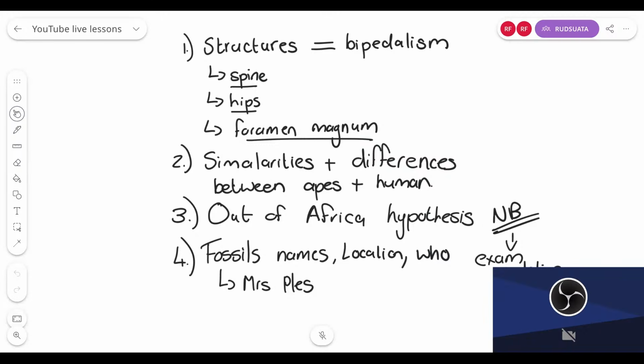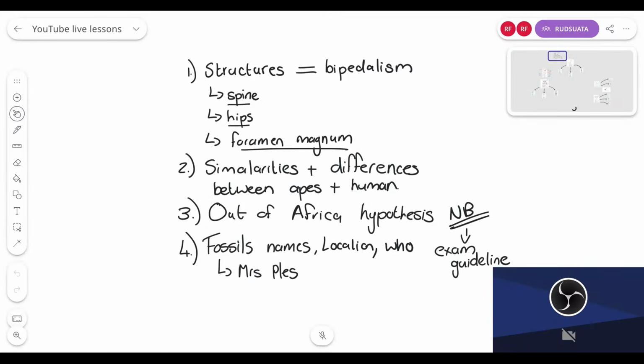So like Mrs. Ples was found in the Sterkfontein caves, and you need to know the scientist who found your fossil. So Lee Berger, Raymond Dart, Robert Broom, all of those guys, okay? I think that would be my focus. That's where the majority of your focus goes, those 4 things, and you'd actually be really well prepared, more so than I think you even imagined.